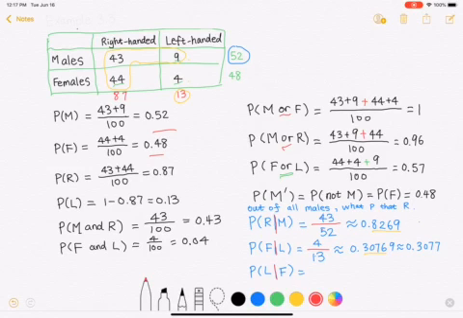So again, we follow our procedure. Given that it is female, we draw a division line. First, we figure out the denominator. How many people are female? Take a look at the table: 44 plus 4, so 48 of them are female. Now, out of the 48 people, how many of them are left-handed? 4 of them.